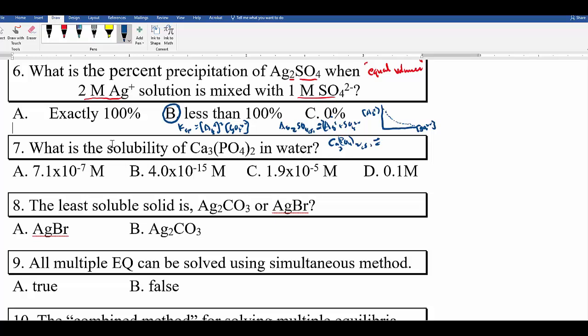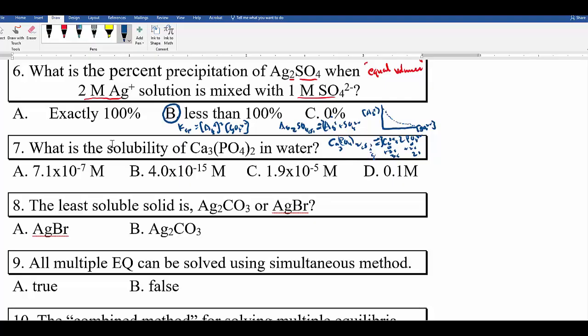So calcium phosphate is going to give us 3 calciums plus 2 phosphates. If I set up the ICE table here, starting off with 0 and 0, this is going to be plus 3s, plus 2s. And so I'm going to get 3s, and then 2s here.